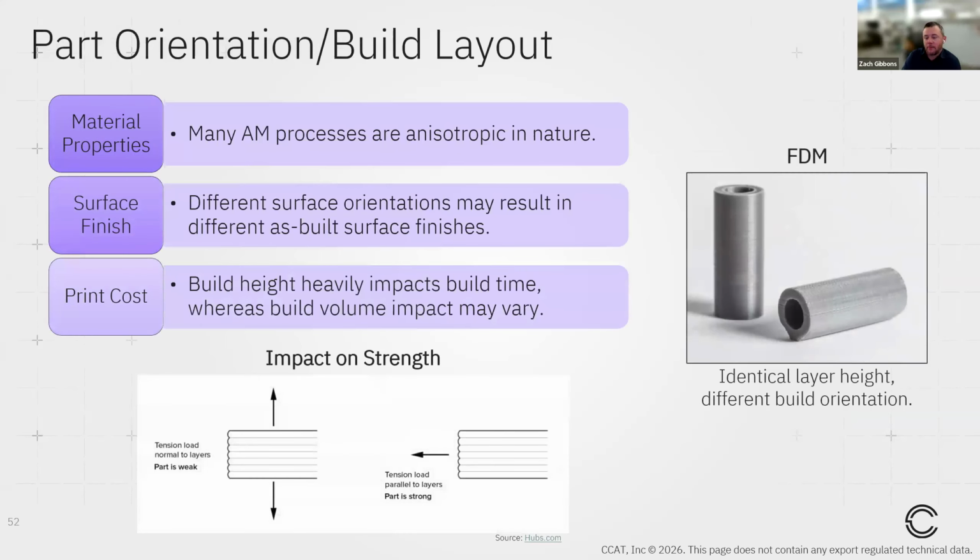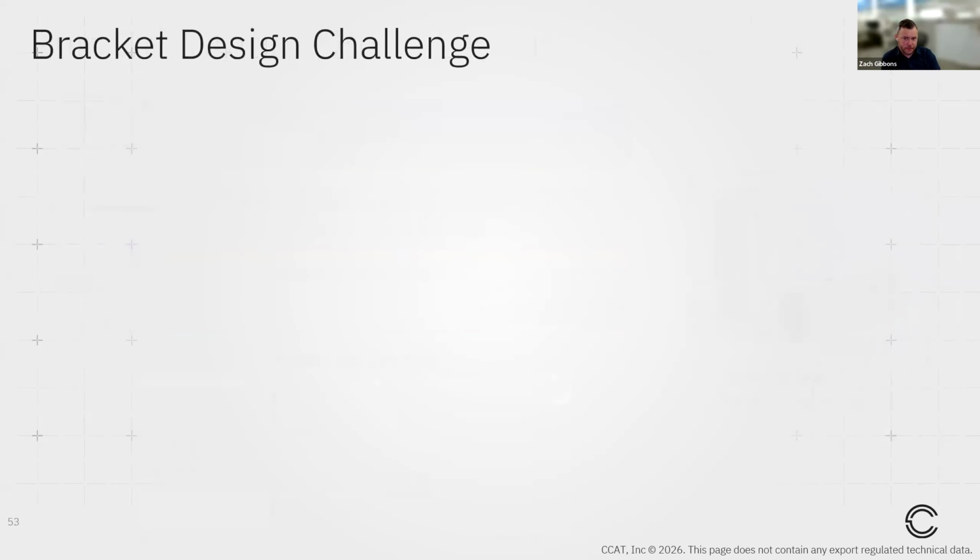So we have anisotropic properties in most additive, using filament extrusion as our example, right? If I have tension normal to my layers, my part is going to be very weak. Whereas if I have tension parallel to those layers, our part is generally very strong. So that same part printed in different orientations could very well behave differently when we try to put that part into service.